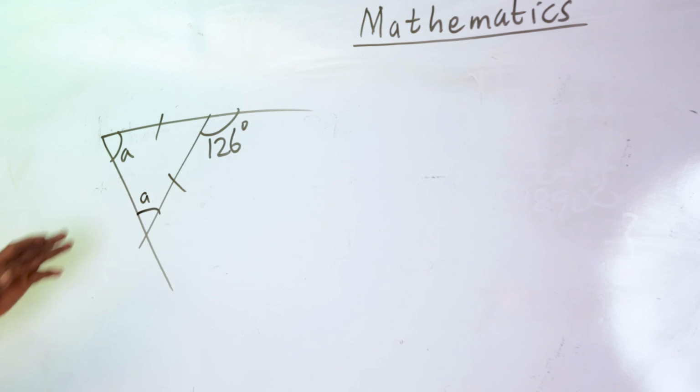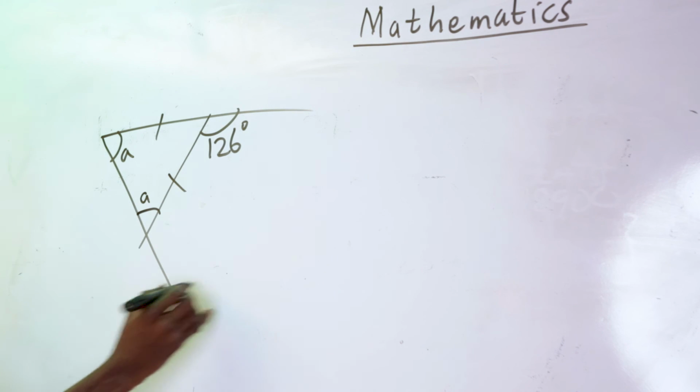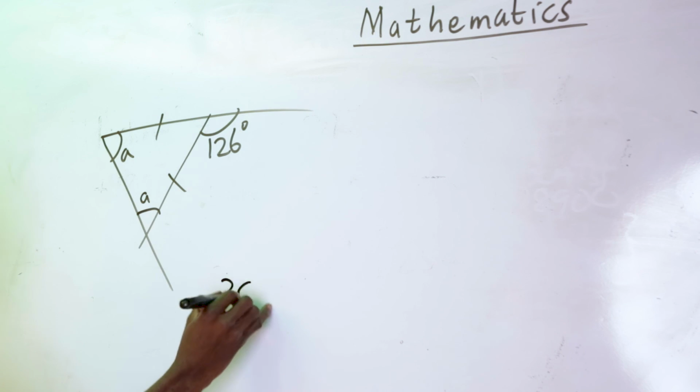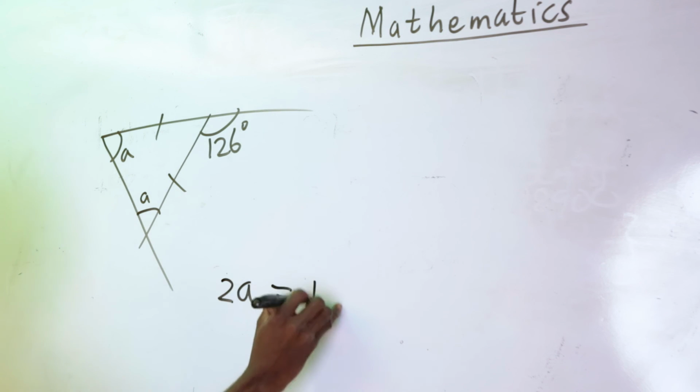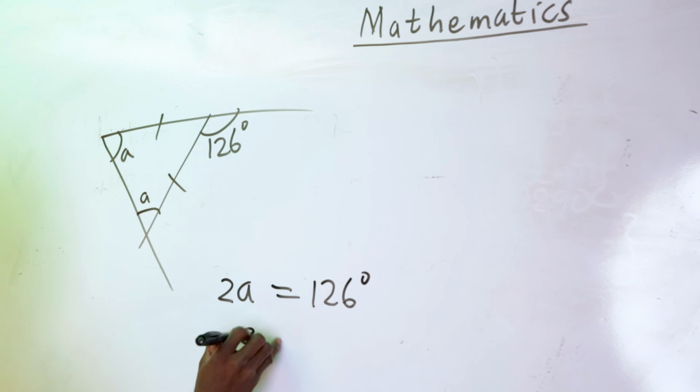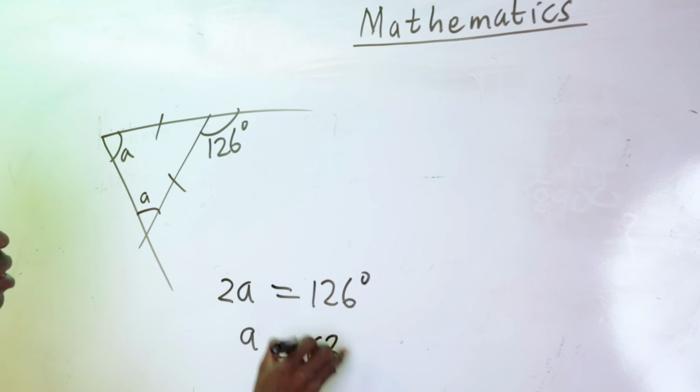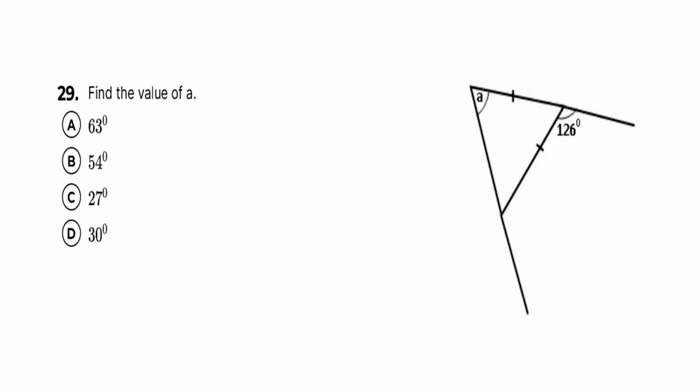So applying the theory of the exterior angle to interior angle in a triangle, the sum of the two base angles, A plus A, which is 2A, gives us 126 degrees. From here, we obtain the value of A to be 63 degrees. And that makes the correct option in the question to be option A.